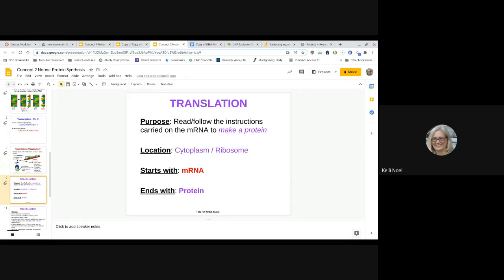So again, the purpose is to read or follow the instructions on the messenger RNA to make a protein. It's located in the cytoplasm at a ribosome. It starts with the messenger RNA, and it will end with the protein.